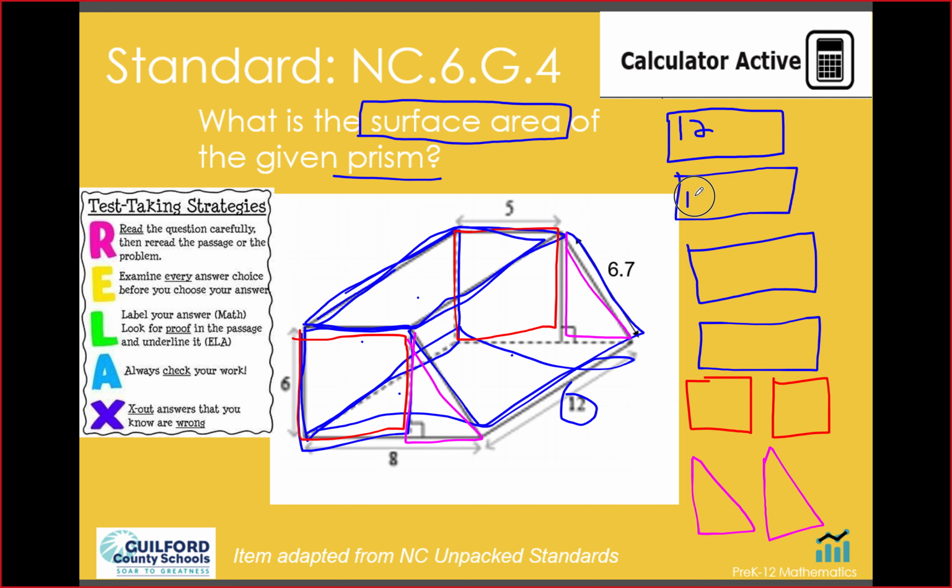They're 12 units long. I don't know what that unit is because it doesn't tell me, but they're 12 units long. So this first rectangle is 12, and right here it tells me it's 5. So 12 by 5.